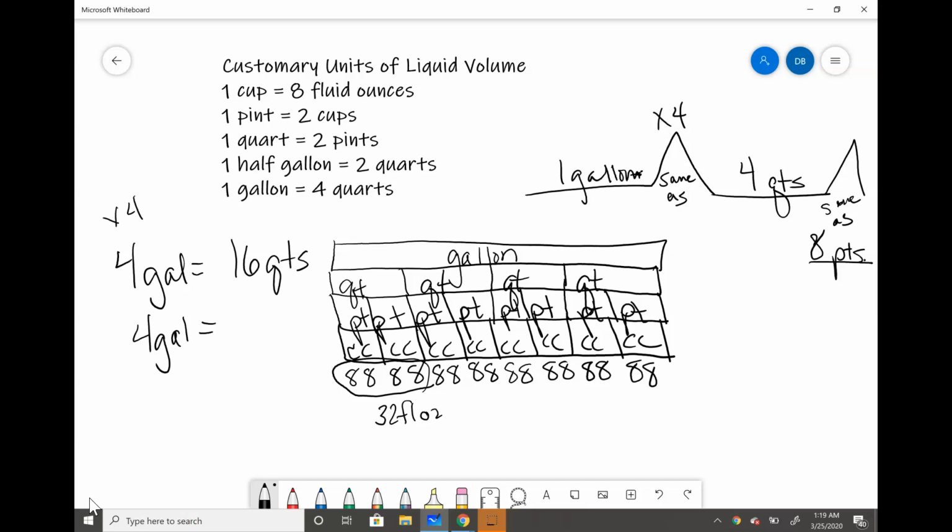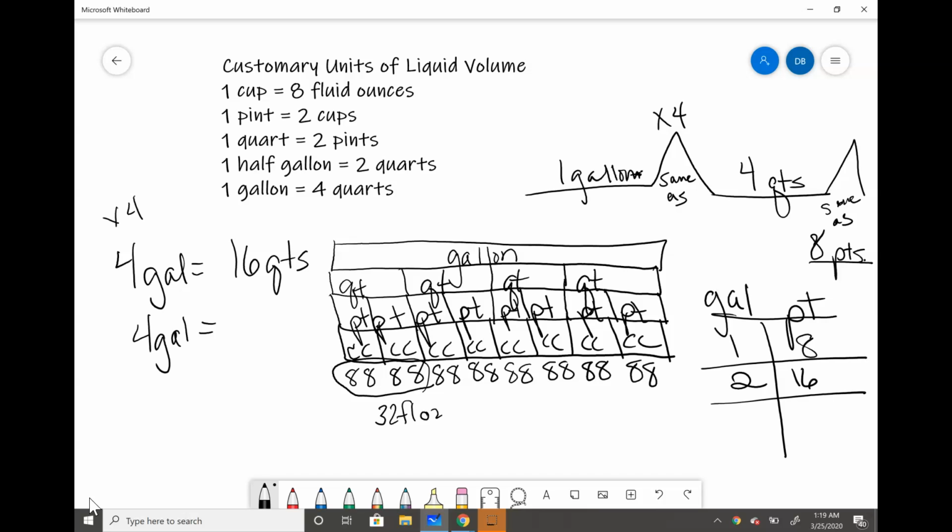So if 1 gallon is 8 pints, then 2 must be the same as 16. I can double this. If double 2 is 4, then double 16 is 32. So 4 gallons is the same as 32 pints.